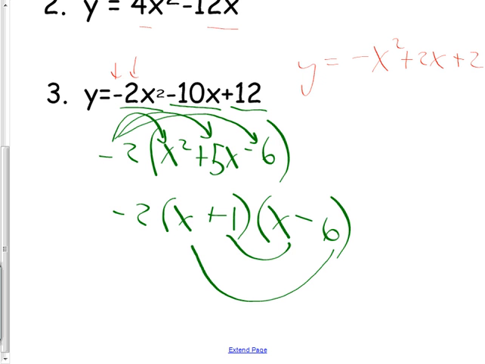Outside and the inside would make negative 6x, positive 1 makes negative 5x. That's exactly the opposite of what I wanted, so therefore I changed the signs to be the opposite of what they are. There we go. So it should be the x plus 6, the x minus 1, and the negative 2 out in front. Raise your hand if you had that one. Okay, good. That's the hardest kind that you'll have today.